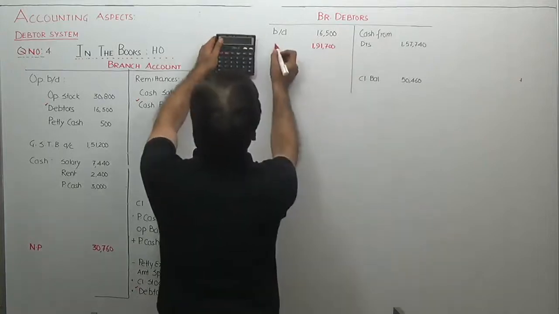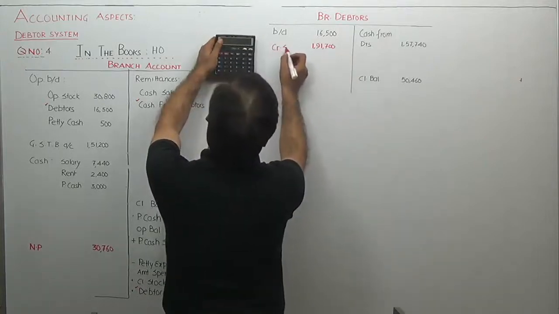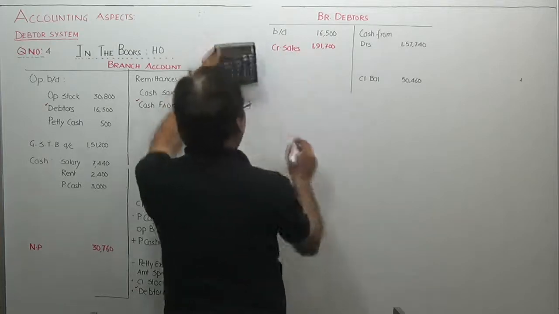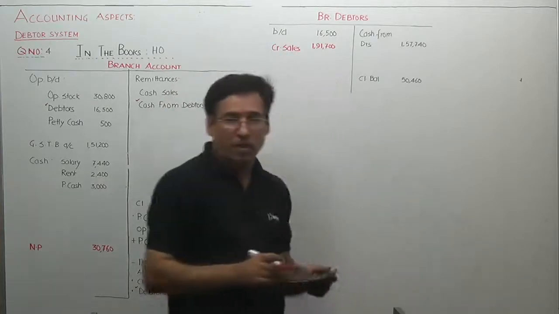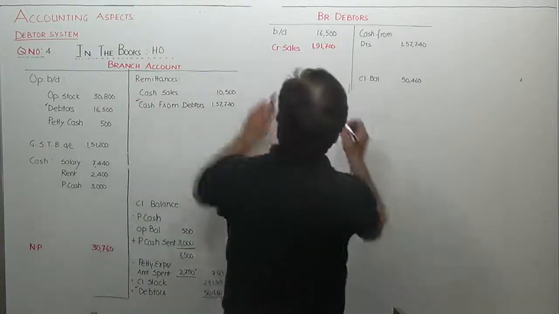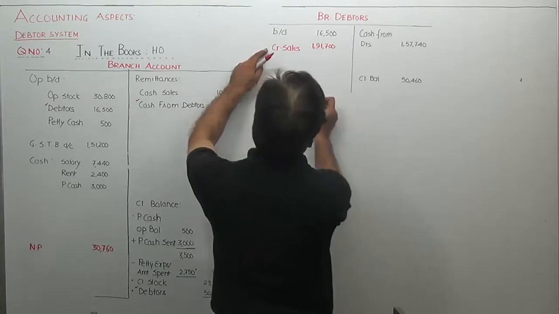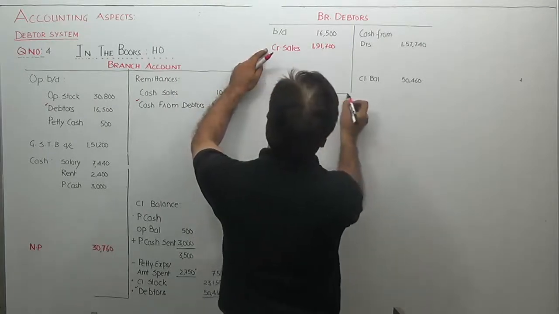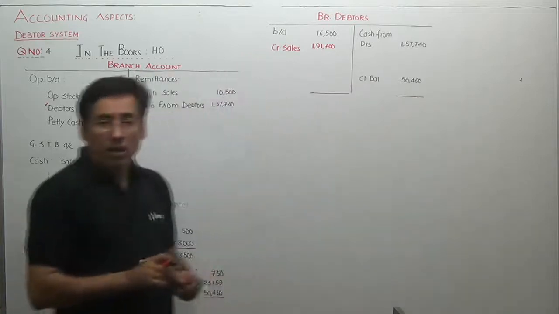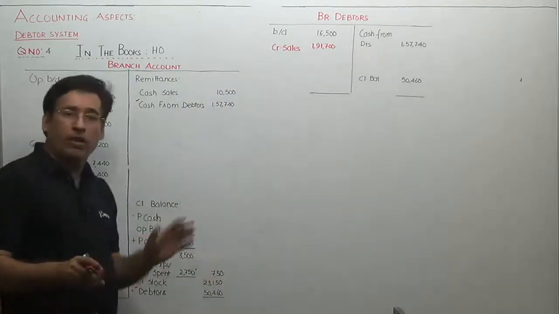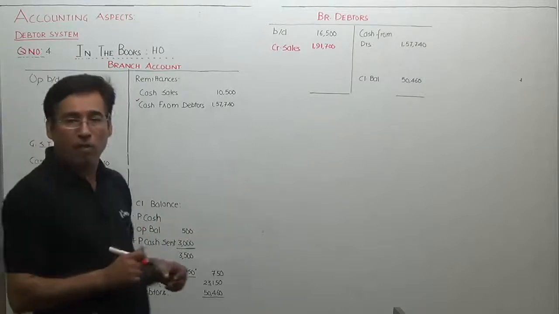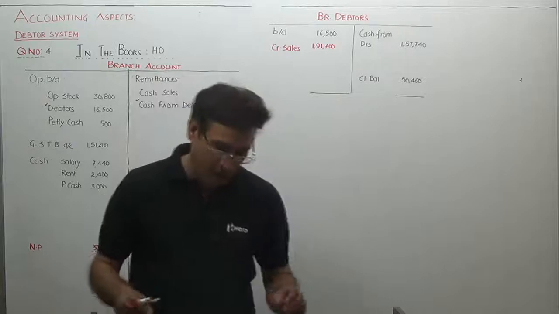This will be called credit sales. And you know better than I do that credit sales are not reflected in the branch account. Is it clear to you? So that is the reason this figure will not be of much help for us in this particular question. So if nothing is missing with respect to data, we can directly tally our branch account without an iota of doubt.